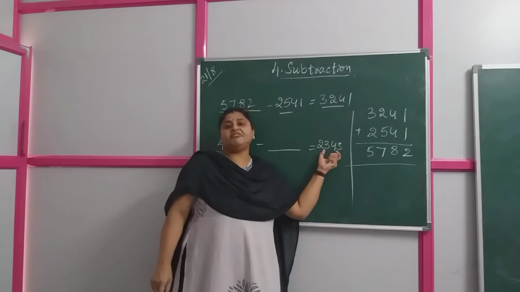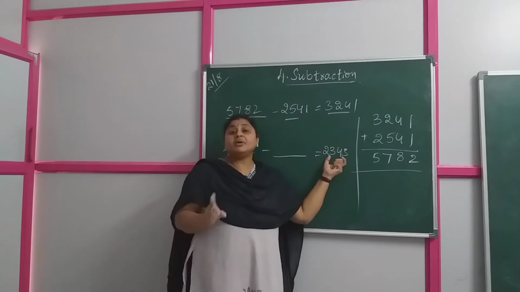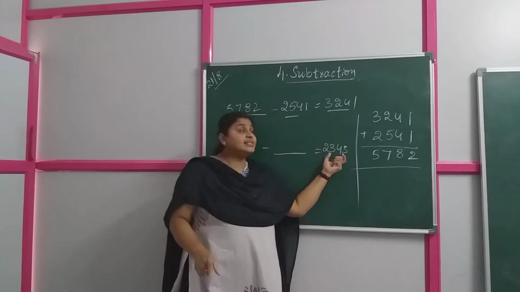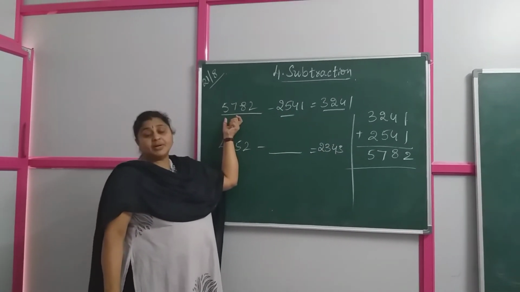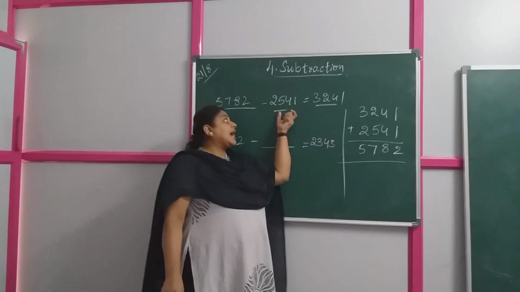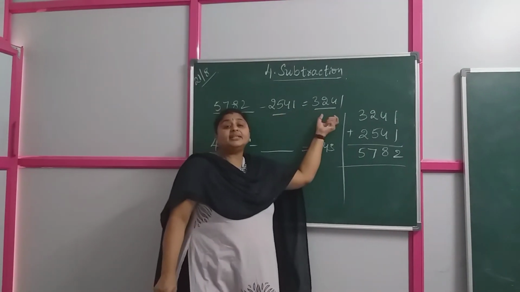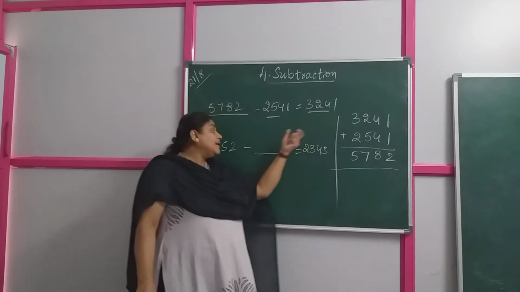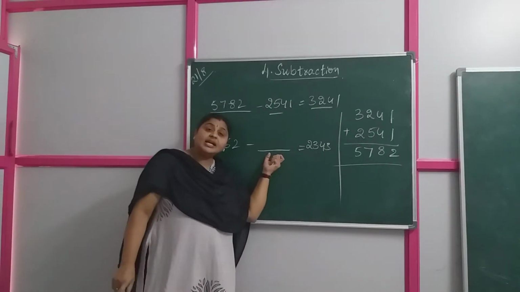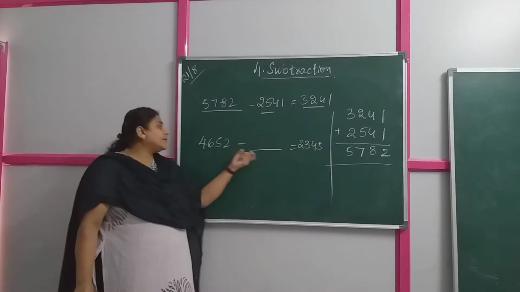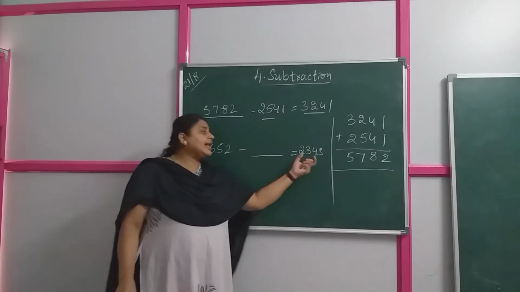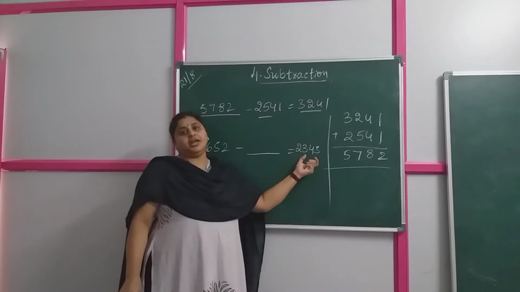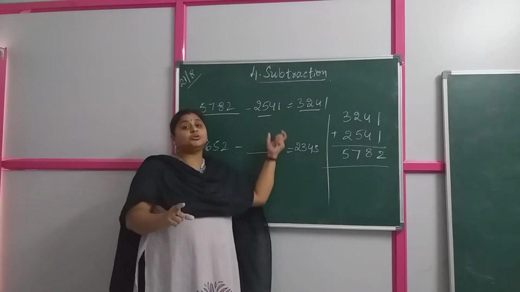Remember this principle. It's very easy. To find the bigger number, you add the smaller number and the difference. But to find the smaller number, you subtract the difference from the bigger number. Are you able to see the difference between these two problems, children?